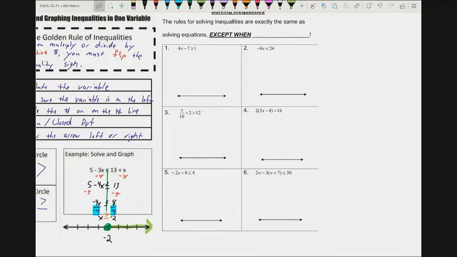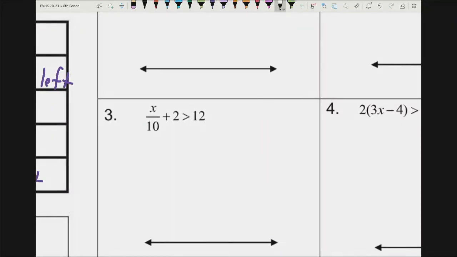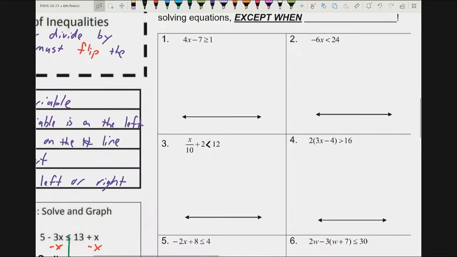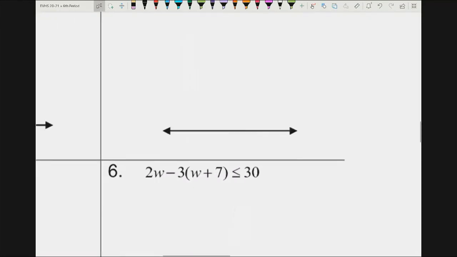So what I want you to do is here on number 3, get rid of that greater than sign and make it a less than sign. Also, we want to do the exact same thing with number 6.